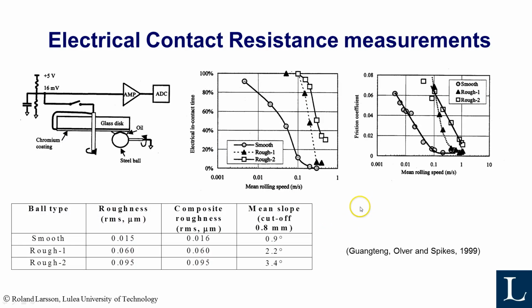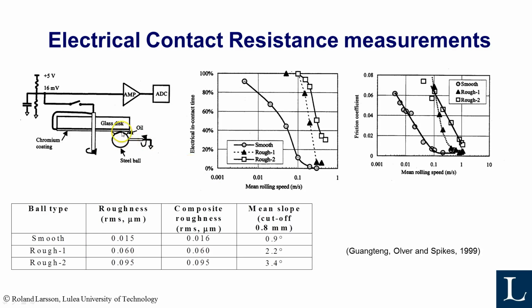Some interesting results from experiments are shown in this picture. It's made at Imperial College in London, and here you again can see the effect of the slope of the surface, or the asperity slope. So they compared 3 surfaces, and they were able to measure the resistance of the contact.